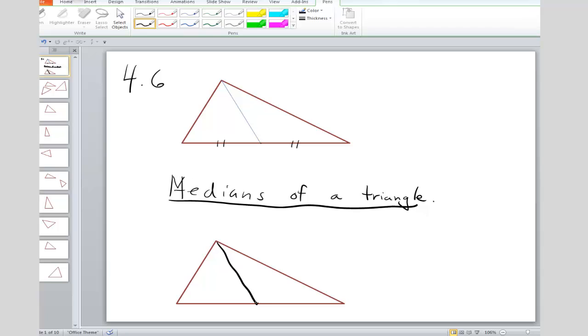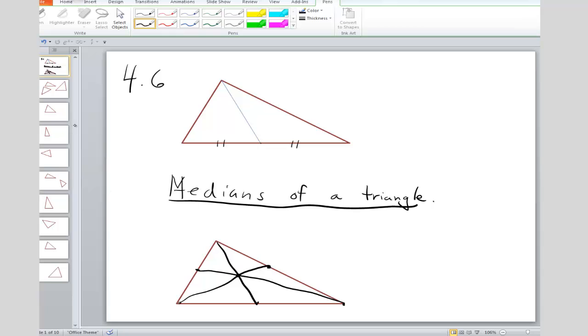So let's say that's a median, it's from a vertex to the opposite side, and it cuts the opposite side in half, and then we go to the next vertex, and it crosses at a midpoint, and we'll find out what the name of that midpoint is in just a minute.